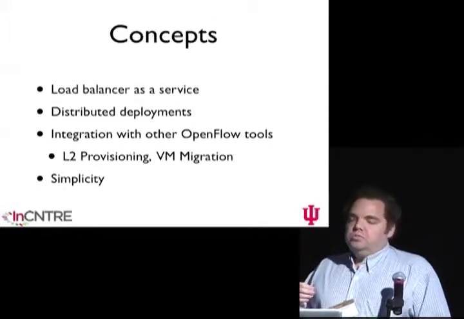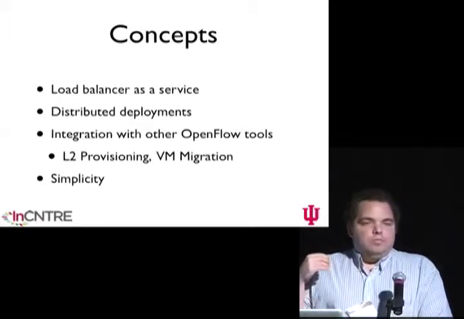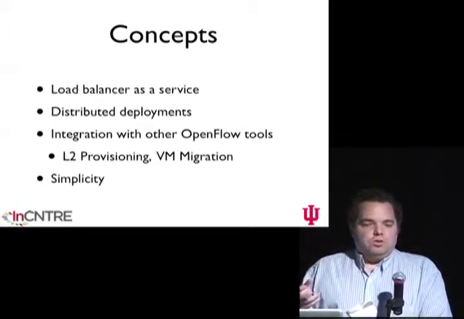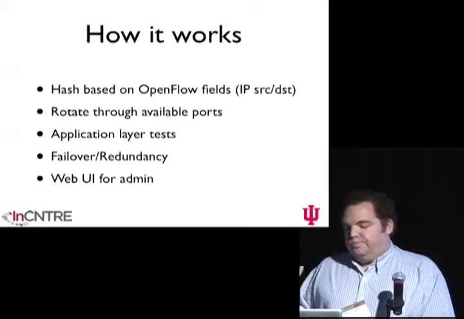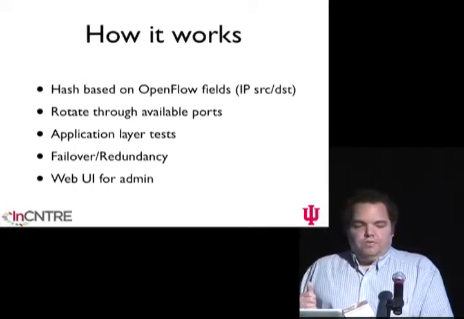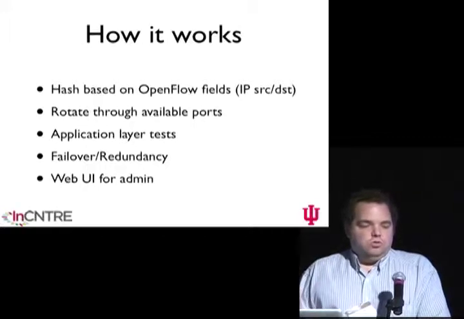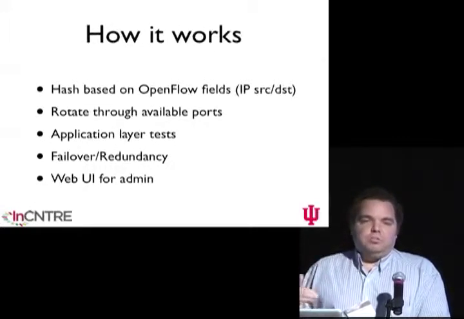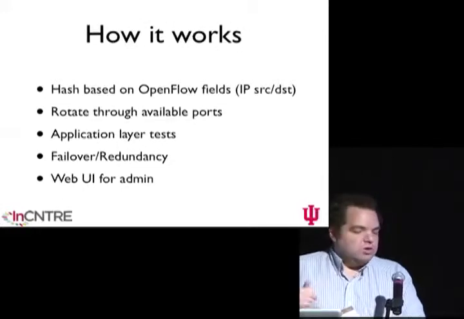We're also trying to make a very simple deployment. We're trying not to have very much complexity in the application itself. It should be very easy for operators to use. It's a very simple strategy for load balancing. We hash through OpenFlow fields such as IP source and destination, and split up traffic, rotating through the available ports.